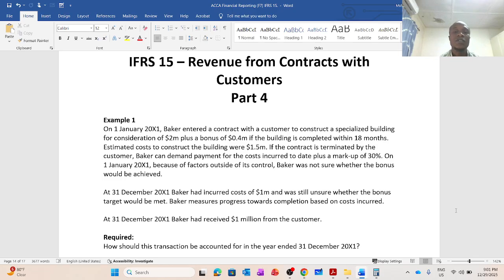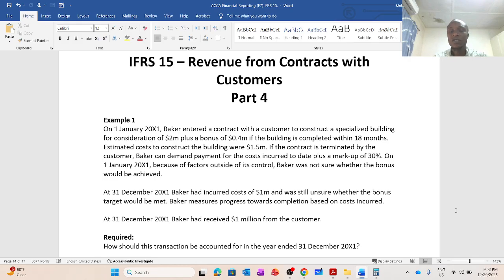Also, we have covered the aspect of recognizing revenue at a specific point in time, as well as how we are going to recognize revenue over a period of time. We have also looked at the criteria as to whether we are going to recognize revenue at a specific point in time or over a period of time.